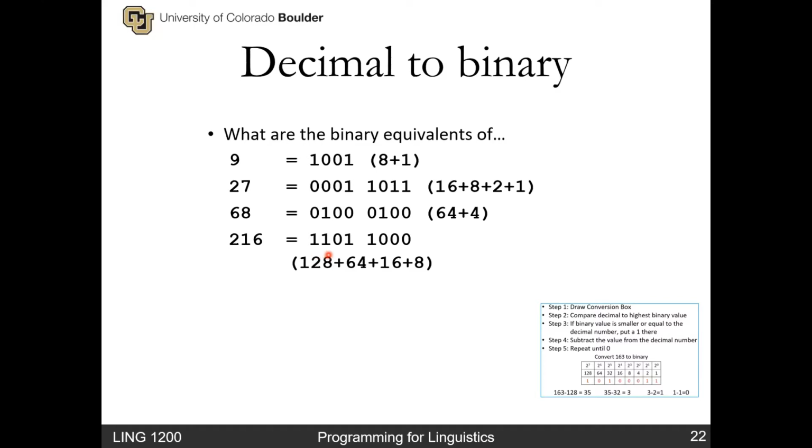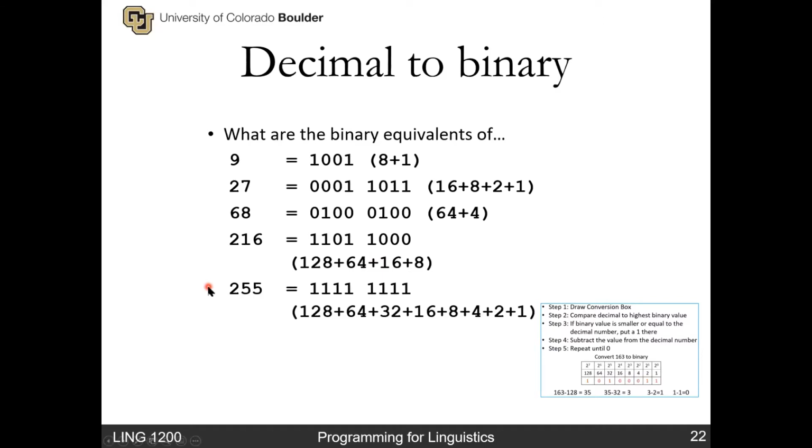So we're going to put a 1 in the 64 position. And then subtract 64 from 88, which gives us 24. So the 32nd position will have a 0, and the 16th position will have a 1. 24 minus 16 is 8, so there's a 1 in the 8's position, and the rest are zeros.